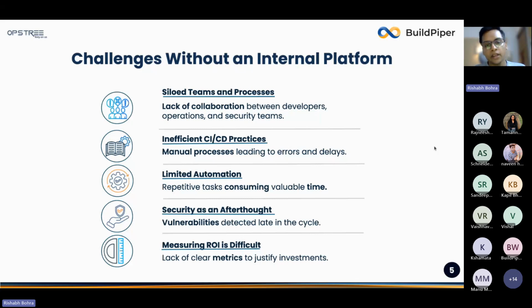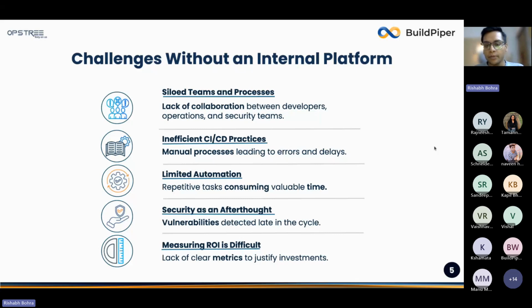The clarity of metrics is very important here to justify the investments, because you need the right dashboard where you are able to track all the metrics and KPIs for the respective deployments or the management of the entire engineering applications that you might have.